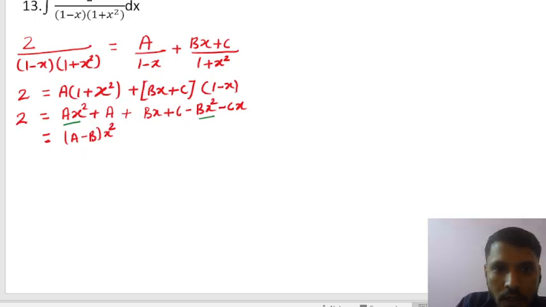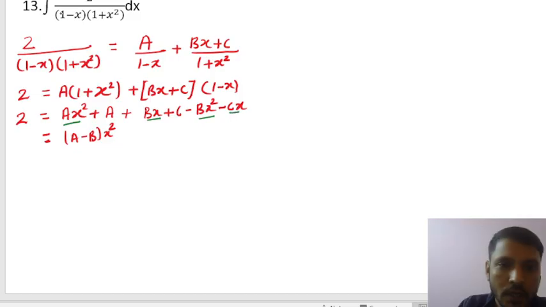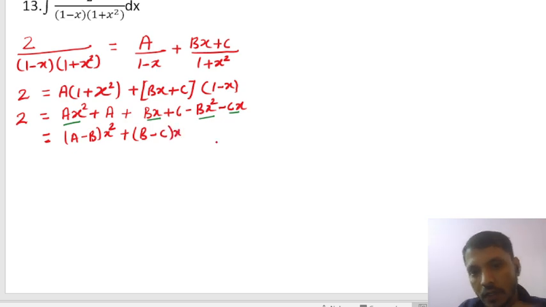Now we will see what the x coefficient is. So here bx and here it is minus c. So here we will write now plus B minus C into x. Now the constant term is A plus C. So at last we will write here the constant term, A plus C. And on the left side we have 2.